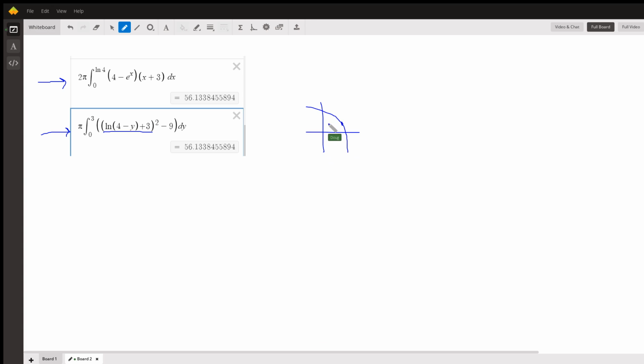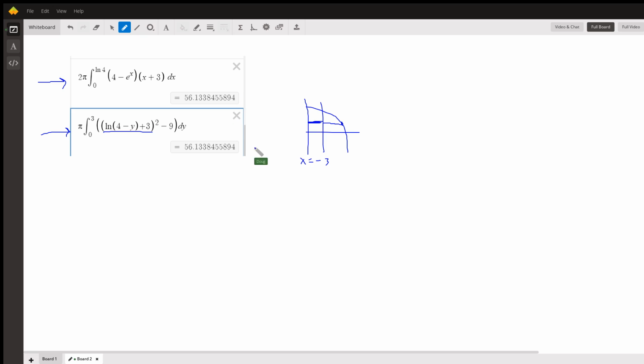So this distance right here was the natural log, or ln, of 4 minus y. And then the total distance, since this was the line x equals -3, would be the natural log of 4 minus y minus a -3. And then the inner radius would be this distance right here. The inner radius squared would be 3 squared, or 9.